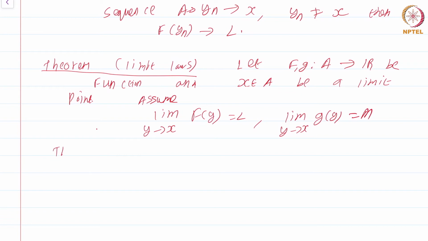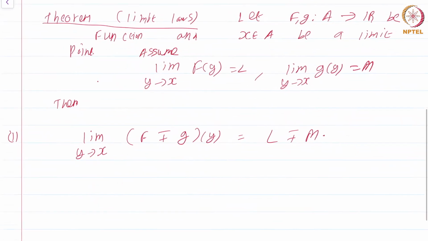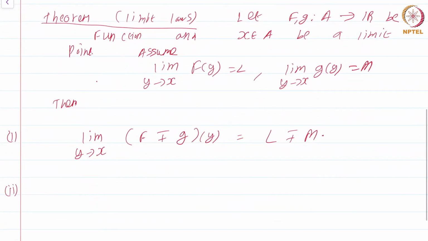Then number one, the limit as y goes to x of f plus or minus g of y equals L plus or minus M. Number two, the limit as y goes to x of c times f of y equals cL, where c in R is fixed.